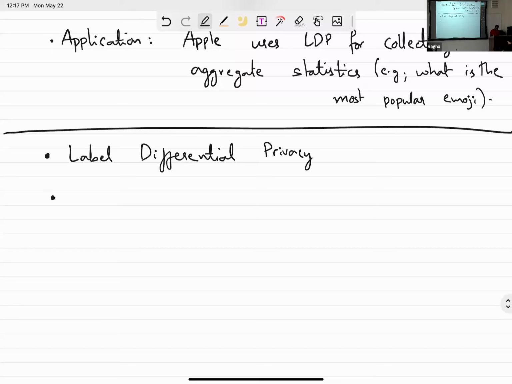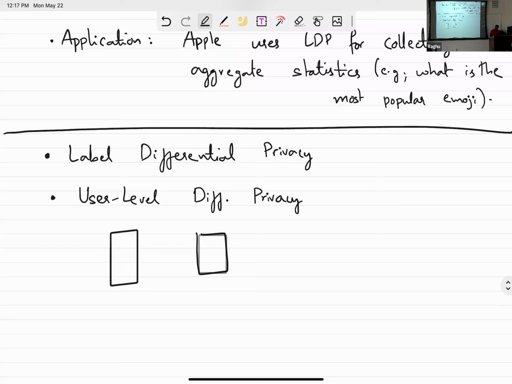That's one. Another one is called user level differential privacy, where you imagine there are different databases, or basically a single database, but it's split across multiple users. Okay, so really think of there being maybe 100 labs. Each lab has data of thousands of patients.